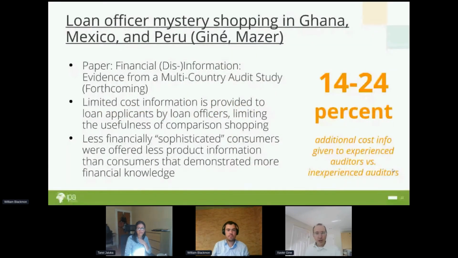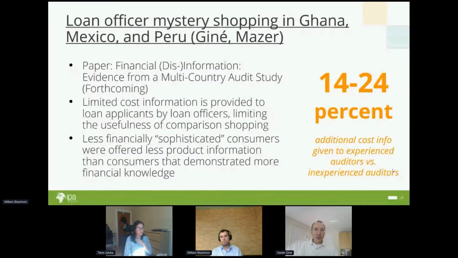What I want to do in the next minutes is describe three papers that actually use mystery shopping to understand various aspects of financial transactions.